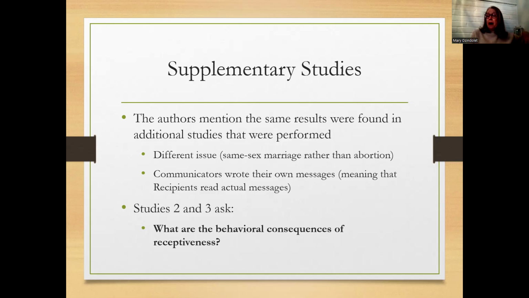And then I suspect that some editors looking at the article were like, well, the experimenters made these messages, so maybe there's something in that. What are real communicators like? And so in some supplementary studies, the communicators actually wrote their own messages, meaning that the recipients read actual messages, and they found the same pattern of results. So basically, this really seems to be true.